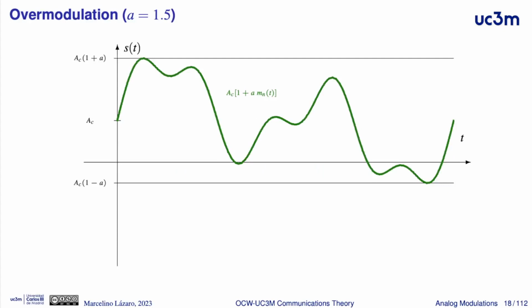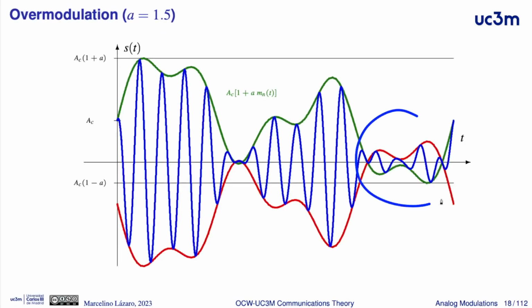Overmodulation will only happen if the modulation index is higher than 1, because in this case we can have a negative interval for this term, and in this case we'll have overmodulation here. But remember that the modulation index is constrained to having a maximum value of 1 to avoid overmodulation.